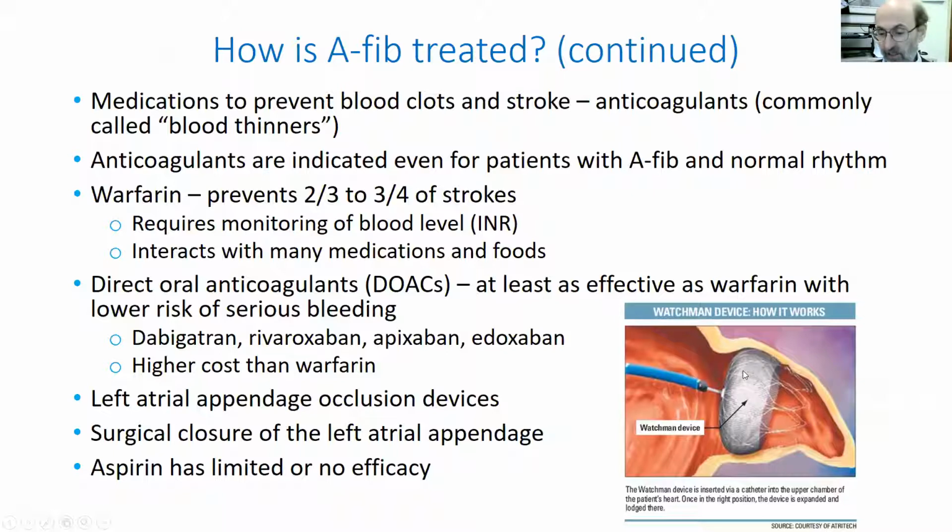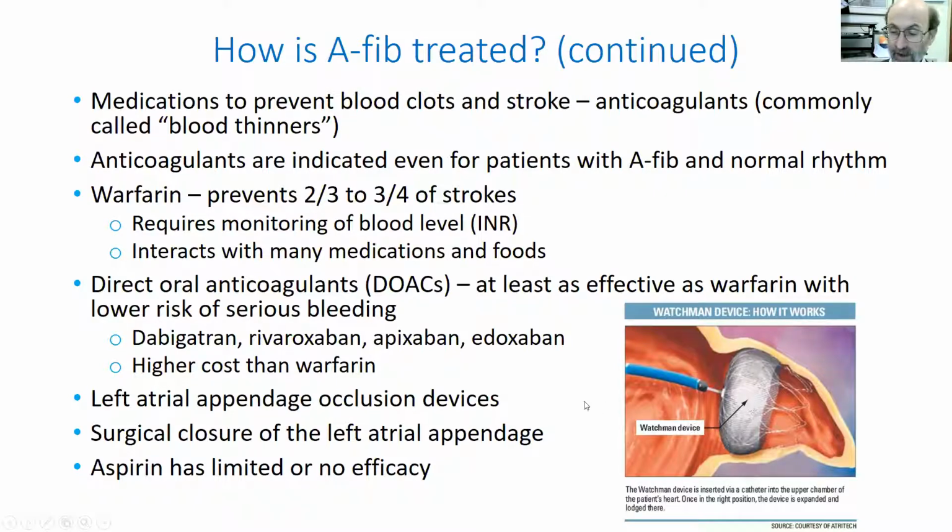And since you're not actually in there, you're steering it with catheters, there's a possibility that it won't be perfectly positioned, in which case there can be a leak around the device. And if that's the case, then it would still be possible for a clot to escape, so to speak, get out, go up to the brain. And if that happens, sometimes people will still need to be on anti-clot medications.